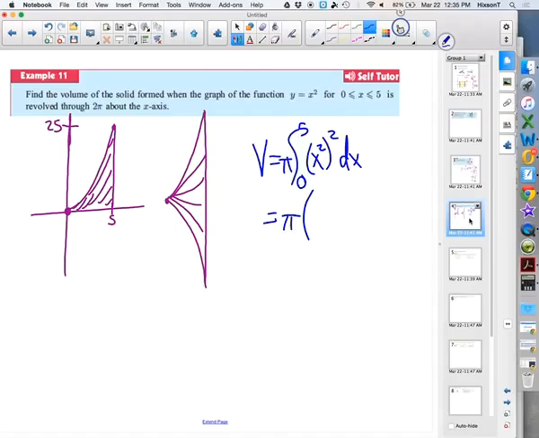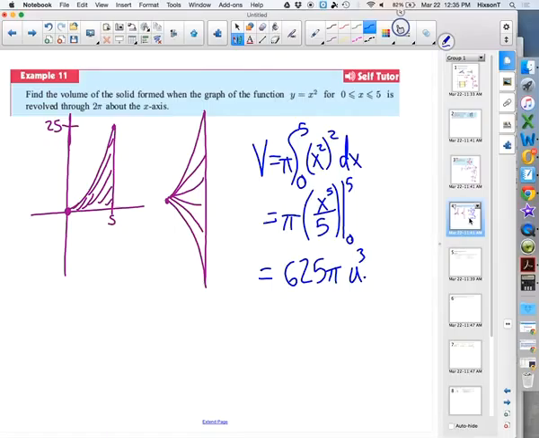X to the 5th over 5, good. Evaluated from 0 to 5. Well, 0 is 0. So 5 to the 5th over 5 is just 5 to the 4th, so that's 625. So 625 pi cubic units. So it's not too bad, right?